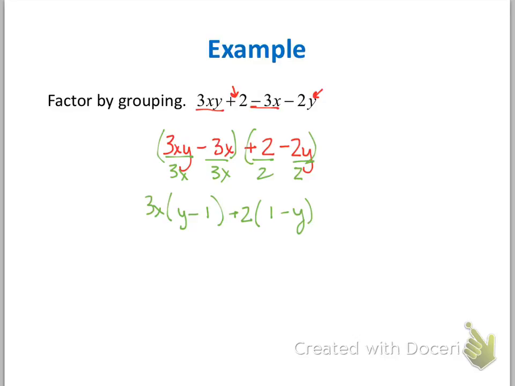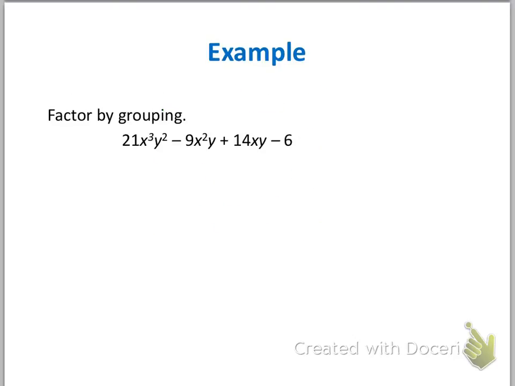That's not the exact same thing. So this problem was a case of not being able to factor. So we would say that this is not factorable by grouping. Let's try this problem.